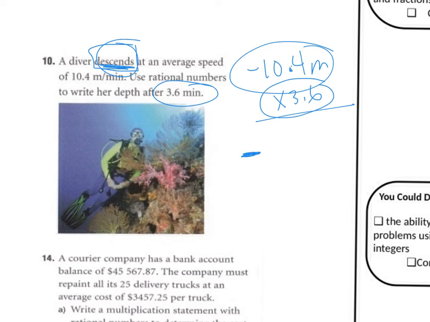So 6 times 4 is 24. 6 times 0 is 0. Sorry, 2. We carried the 2 there. 6 times 1 is 6. Put the 0. 3 times 4 is 12. 3 times 0 is 0 plus 1. And then 3 times 3.